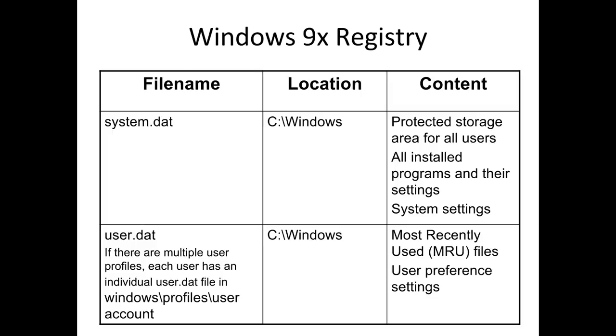The system file stored all the information about the system, about the programs, and about the settings of those programs, and the user file stored all the information about the users. I'll refer to these two files, system.dat as being a hive, and user.dat as being a hive as well. These hives store information that then forms a part of the Windows registry.